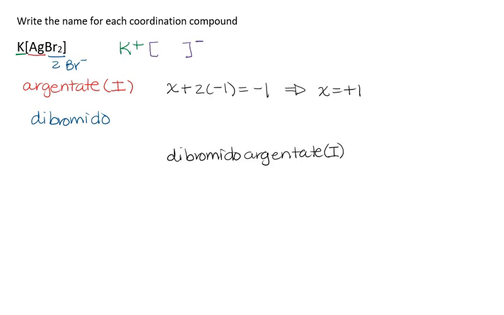When I name a compound, I need to include the name of the cation and a space and the anion. In this example, my counter ion was the cation, so it has to go first. So my counter ion is potassium, and then I have a space, and then I have the name of my complex anion. So the name of the compound is potassium dibromidoargentate(I).